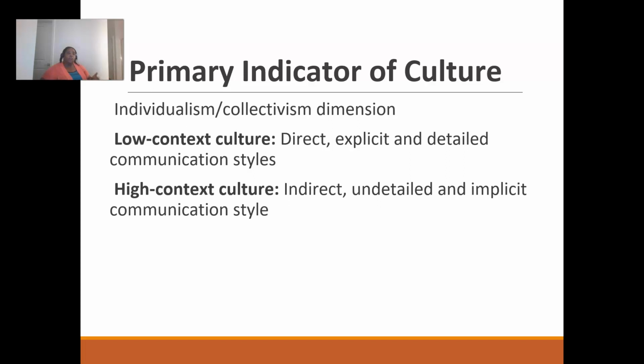When the narrator talked to her colleague from the high context culture, the colleague said that they were listening with all their senses. The narrator was confused. She was like, "What do you mean?"